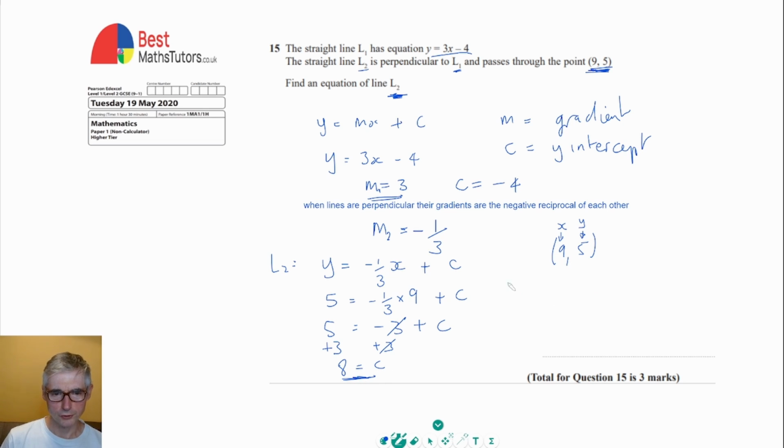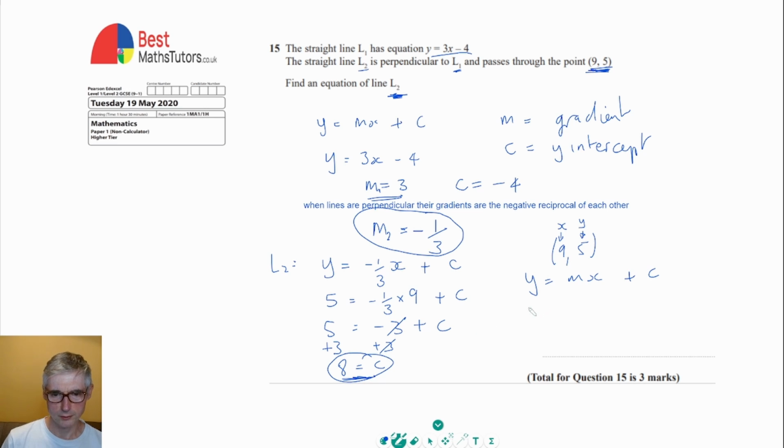Now we can go back to our equation y equals mx plus c. We've found the value of m, which is minus 1/3, and we've also found the value of c, which is 8.